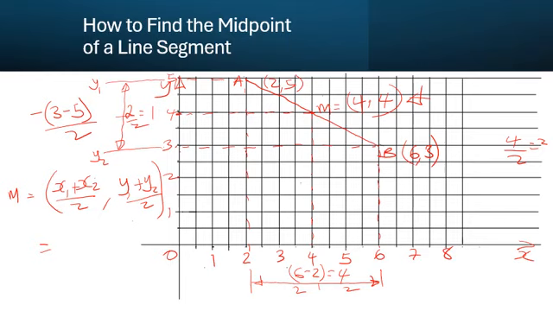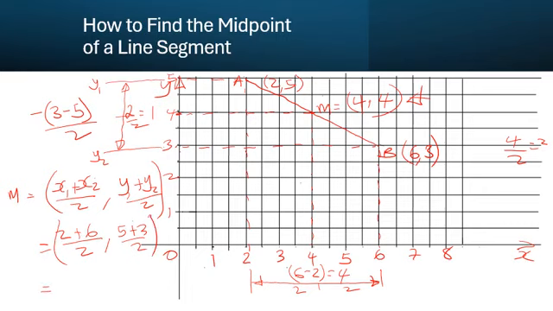Let's see. So that's x1 plus x2 over 2, comma, y1 plus y2 over 2. What's y1? y1 is 5 plus y2, y2 is 3, bracket.